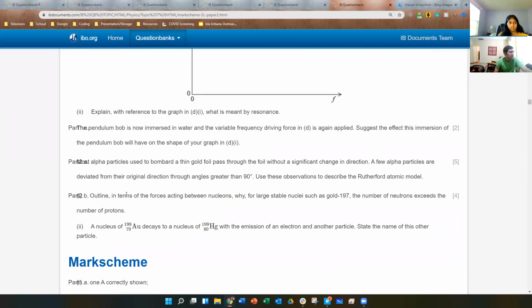Anyways, outline in terms of the force acting between nucleons why for large stable nuclei such as Au-197, the number of neutrons exceeds the number of protons. Let me try to explain this.